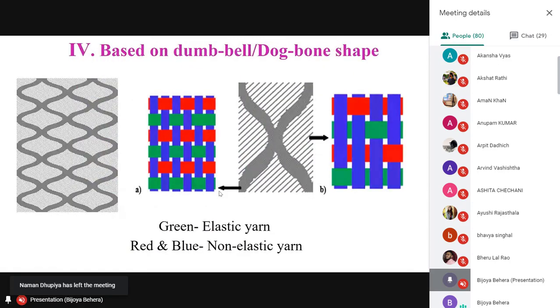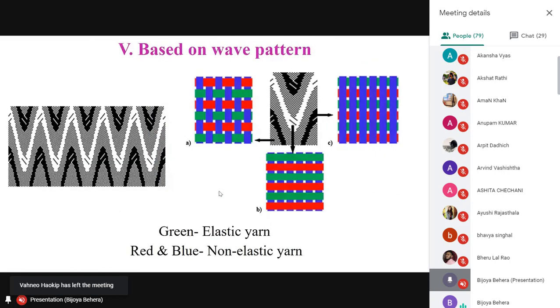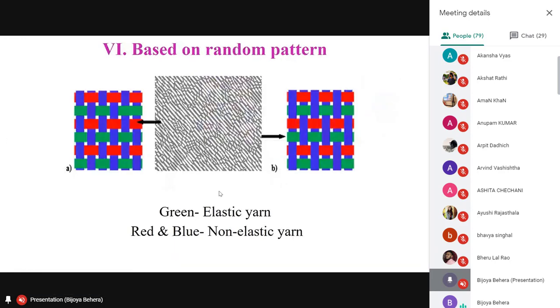This is a dumbbell shape. Weave design is developed. This is wave pattern. The weave design is developed. And this is random, where also we have developed a random design, its weave pattern. All these 9 weave patterns have been developed on CAD software from those 9 different auxetic geometry.